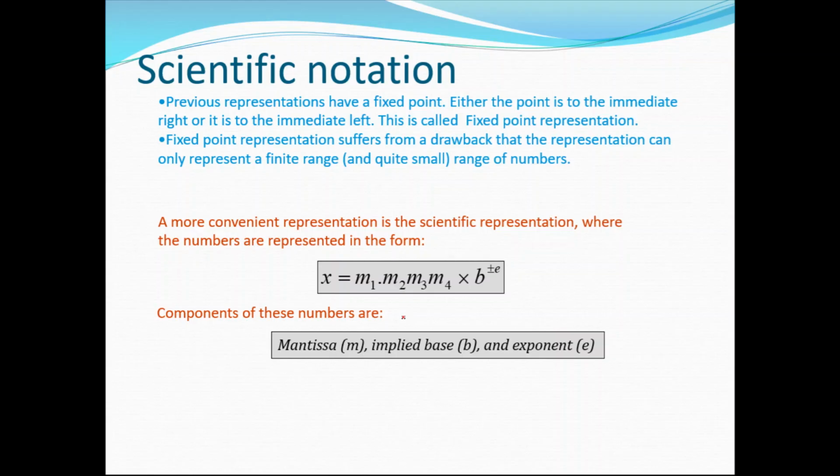So generally how do we represent floating point numbers? In decimal, typically we represent the floating point number as some number m1 dot m2 m3 m4, it may go on, into some base to the power exponent. This base, in decimal, will be 10. In binary it will be 2, right? So this part is called the mantissa.